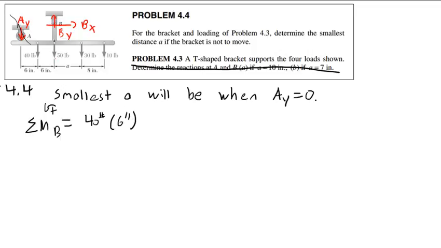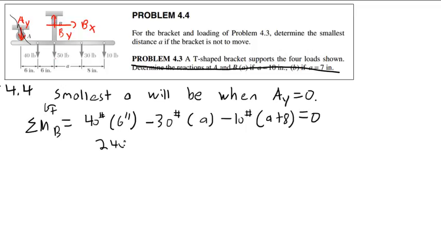This one won't generate a moment about B. Minus 30 pounds times the distance A, minus 10 pounds times a distance A plus 8, equals 0.